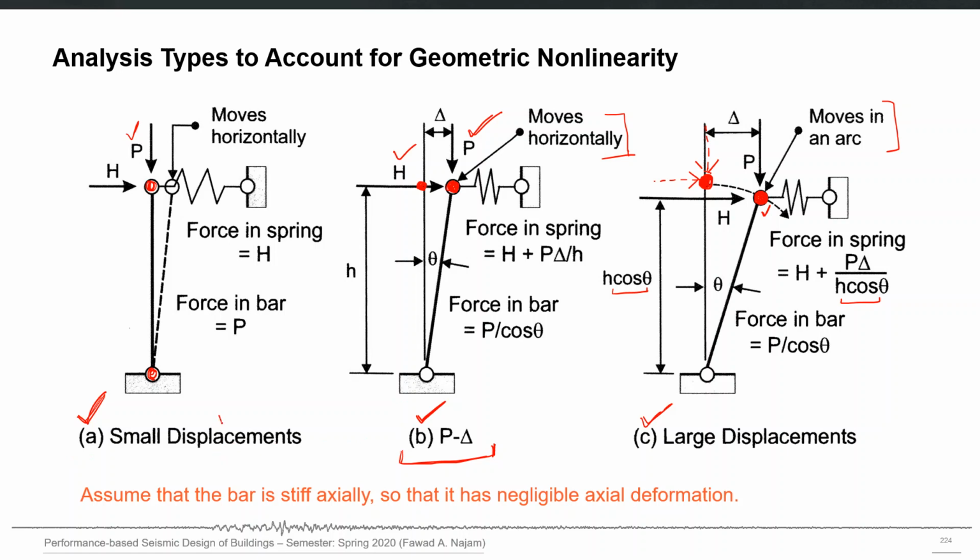One is the small displacement analysis, where no effect of geometric nonlinearity is considered, and the other is the large displacement analysis, which considers the effect of geometric nonlinearity in all of its details. So P delta analysis is an approximate method which is in between both of these analysis procedures.